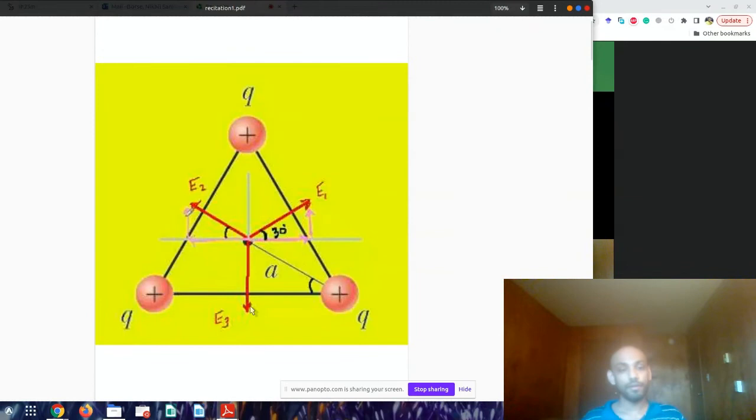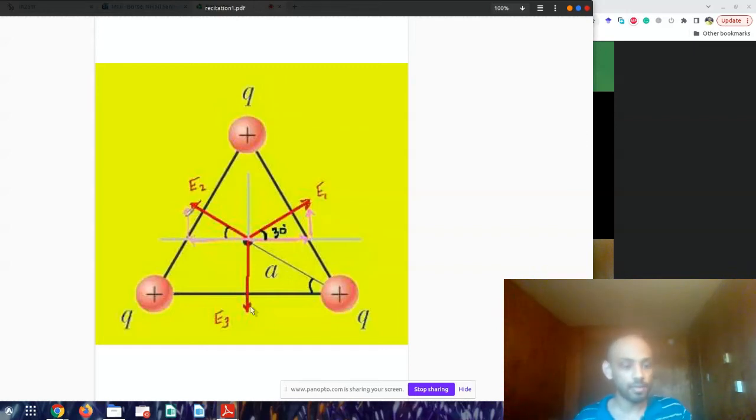So how do you get the magnitude of the electric field for this particular point charge? The equation for the magnitude of the electric field due to a point charge, at a point that is at some distance r from that charge, is the magnitude of the charge times a constant times 1 over the square of the distance, r squared.